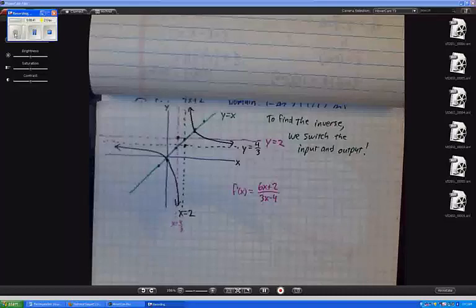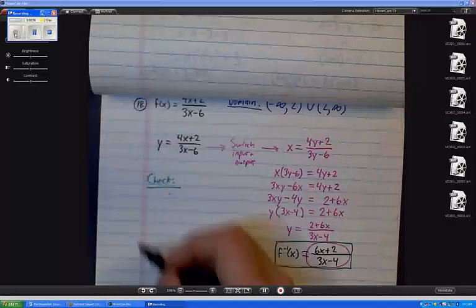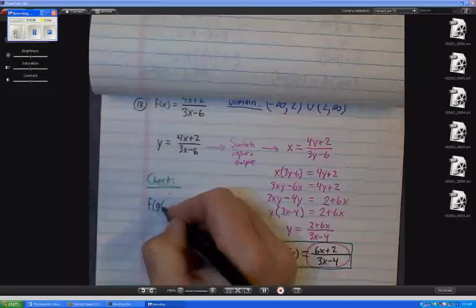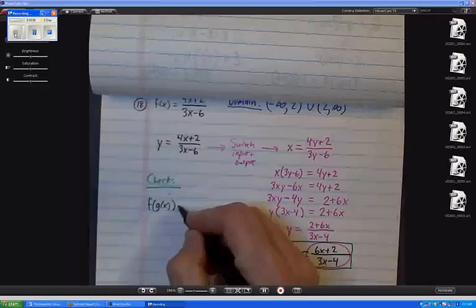Okay? How else could you check if you weren't going to do graphing? Yes, Delaney. Right. We want to do f of g of x, right? And so what the heck would that be? It would be 4 times something plus 2 over 3 times something plus 6.